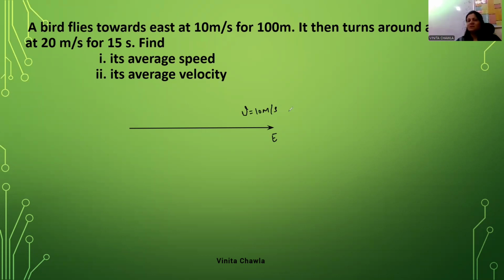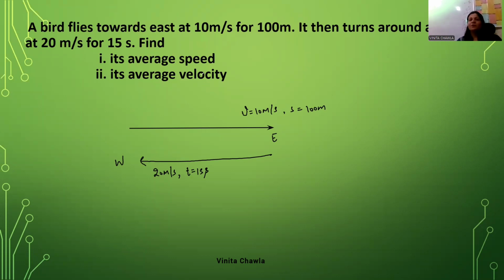Distance is given, it is 100 meter. It then turns around and goes towards west with a speed of 20 meter per second for 15 seconds. Find its average speed and average velocity.